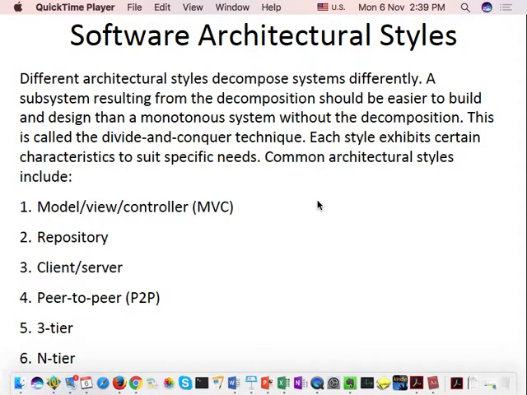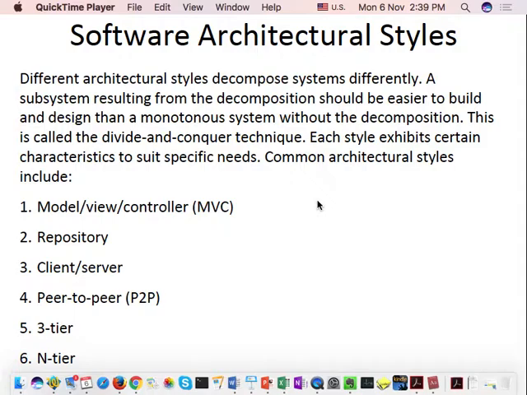So we say there are different architectural styles. Different styles can be used to meet different needs, and they break up the system in different ways, with different components, or the components are connected in different ways.